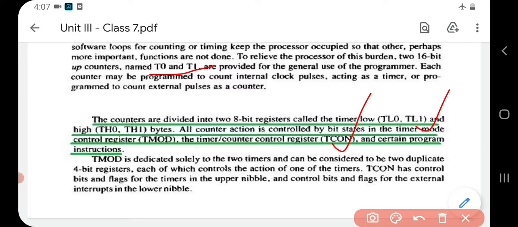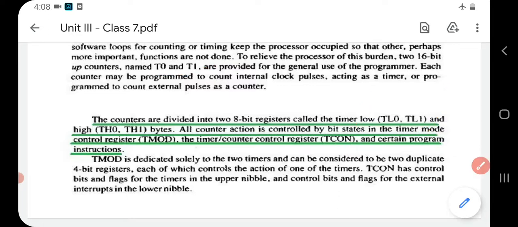So almost all the counter actions of the microcontroller are controlled by the state of bits in these two registers, namely the TMOD register and the TCON register. The configuration of these two registers is very important, and we will deal with it in the coming sessions. TMOD is dedicated mainly to the two timers, whereas TCON has control bits and flags.